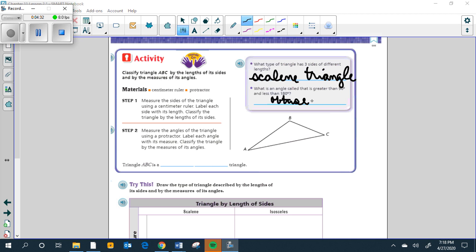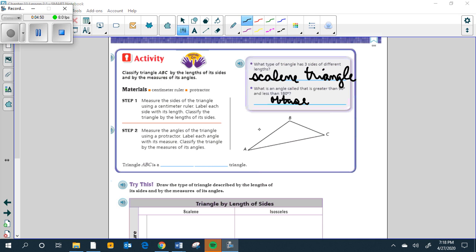That's obtuse. So as we take a look at this particular triangle here, measure the sides of the triangle using a centimeter ruler, label each with its length, classify the triangle by the lengths of its sides.